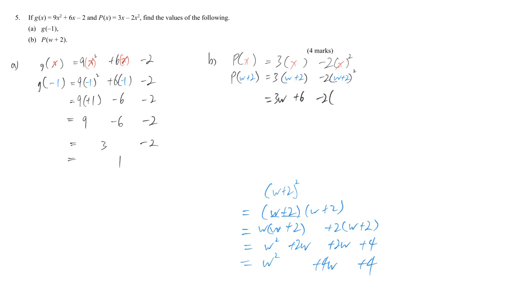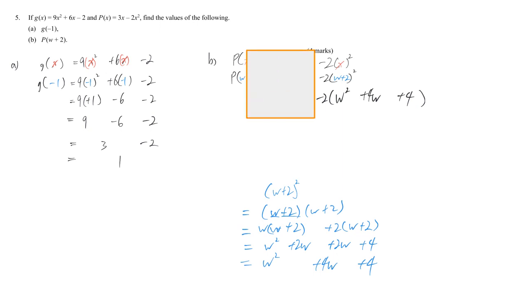Same as substitution, we prepare a bracket and then this item we are going to replace by w squared + 4w + 4, because I just changed the format. I didn't change the value. So afterward, I know that I can handle -2 times this bracket. W squared times something, positive 4w times something, positive 4 times something.